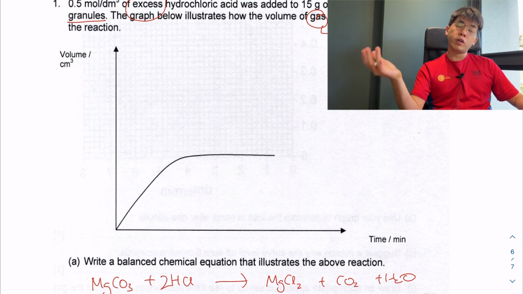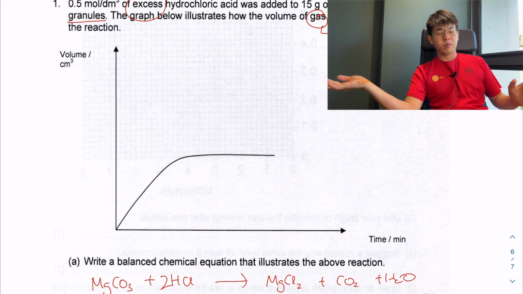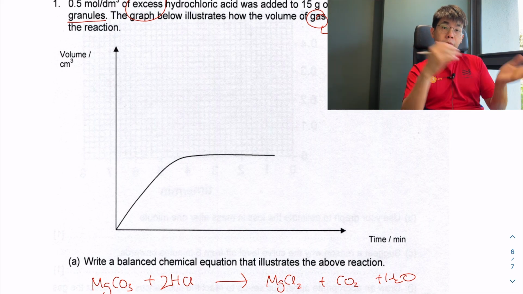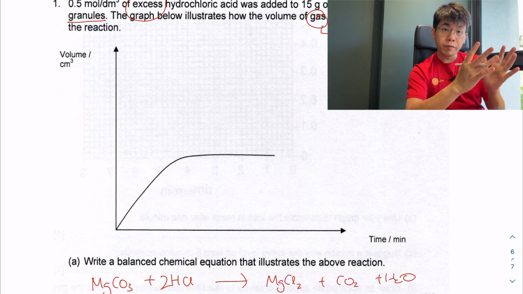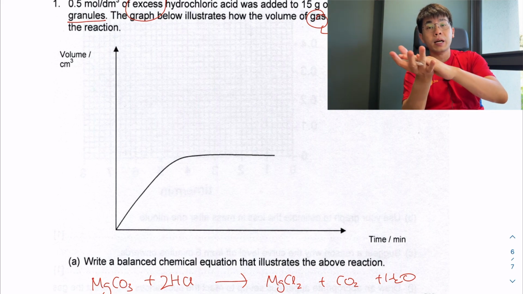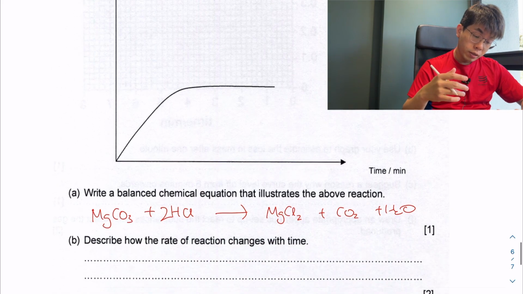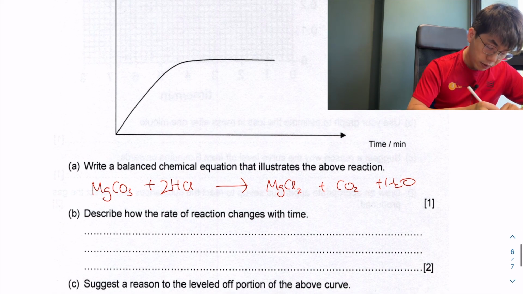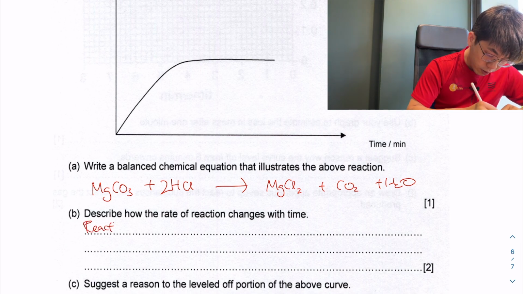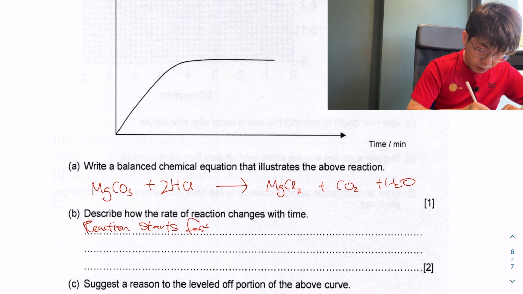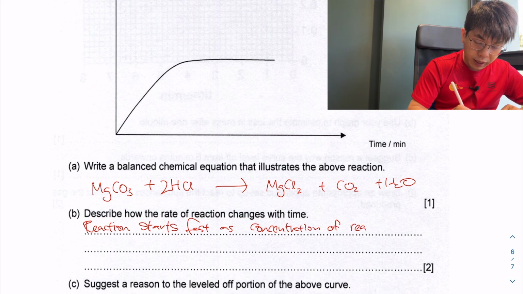Now I need to describe how the rate of reaction changes with time, like in the previous worksheet. You explain why it started fast, why it slows down, and why it comes to a stop. First, why it starts fast: the reaction starts fast as the concentration of reactant is high.